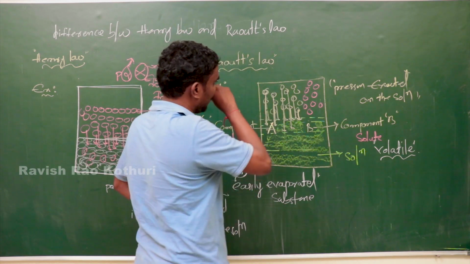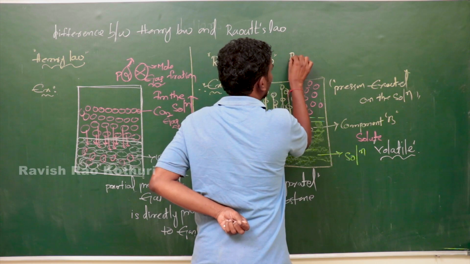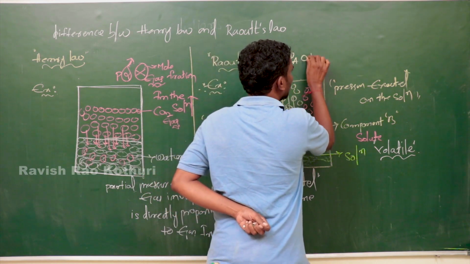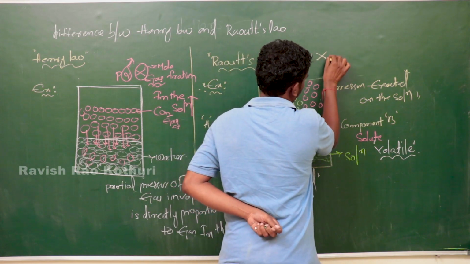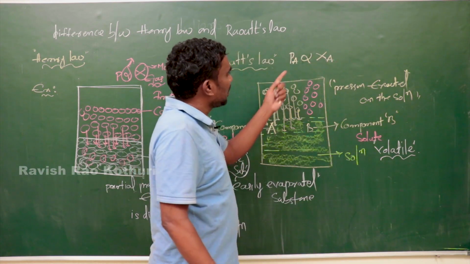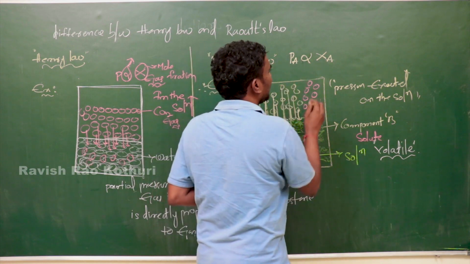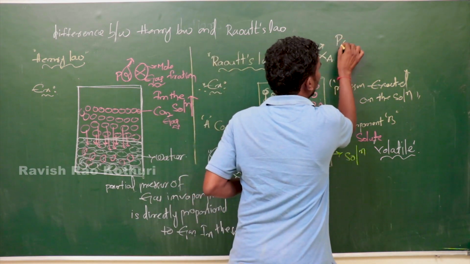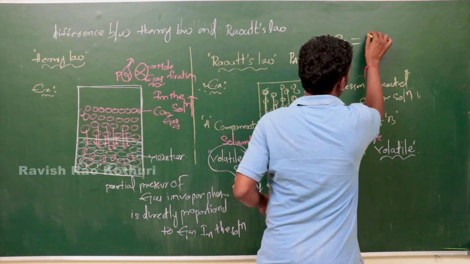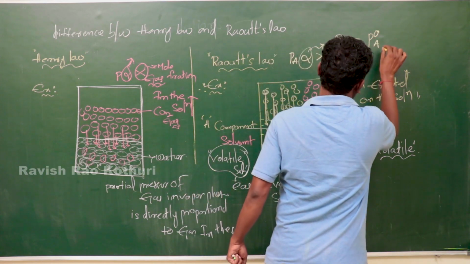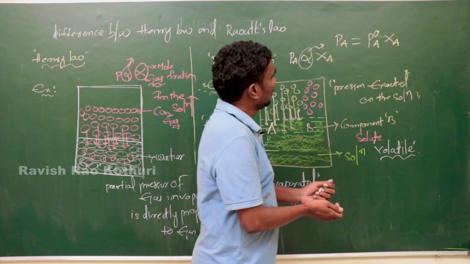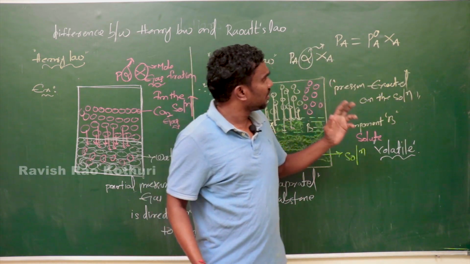Please observe carefully here. The partial pressure of A is proportional to XA. See, if you take out this proportionality, right, my dears? PA is equal to P naught A into mole fraction. See, my dears, observe carefully.